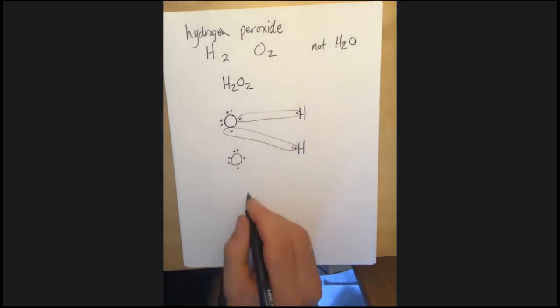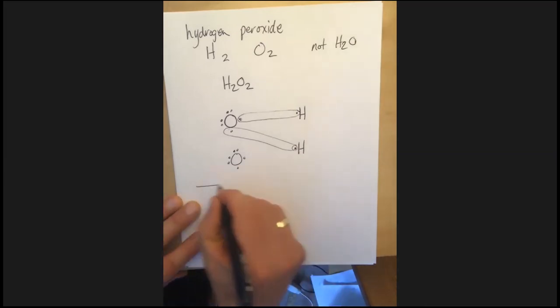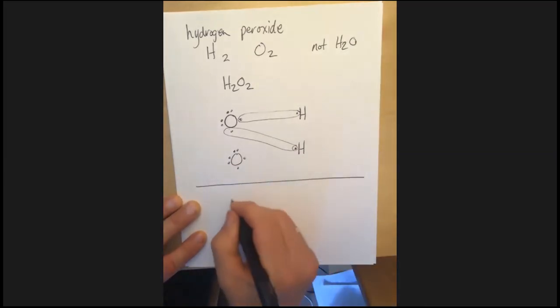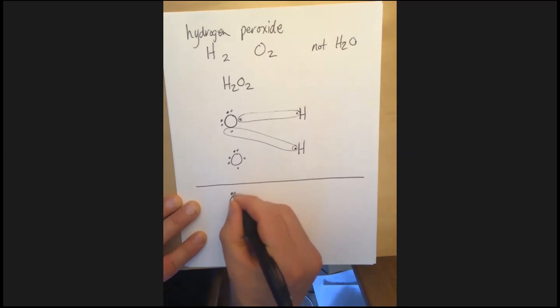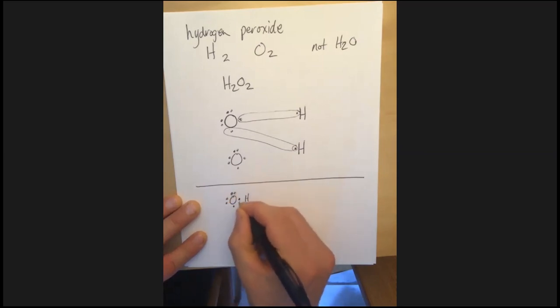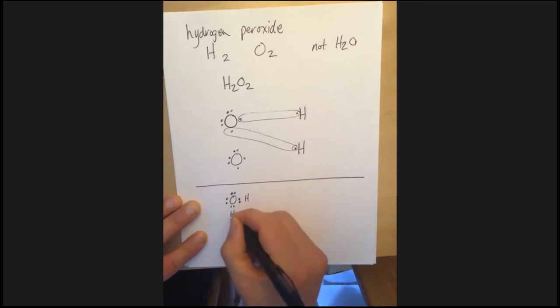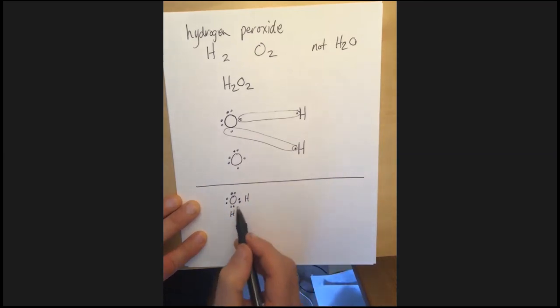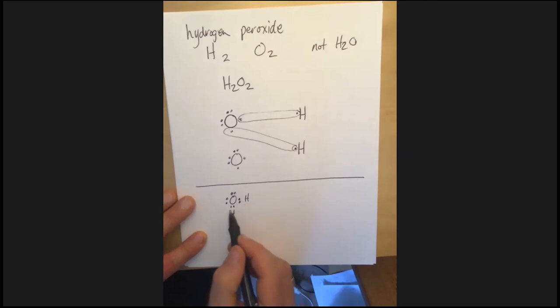If I do that, this hydrogen has 2 electrons, it's good. This hydrogen has 2 electrons, it's good. The oxygen has 1, 2, 3, 4, 5, 6, 7, 8, it's good.